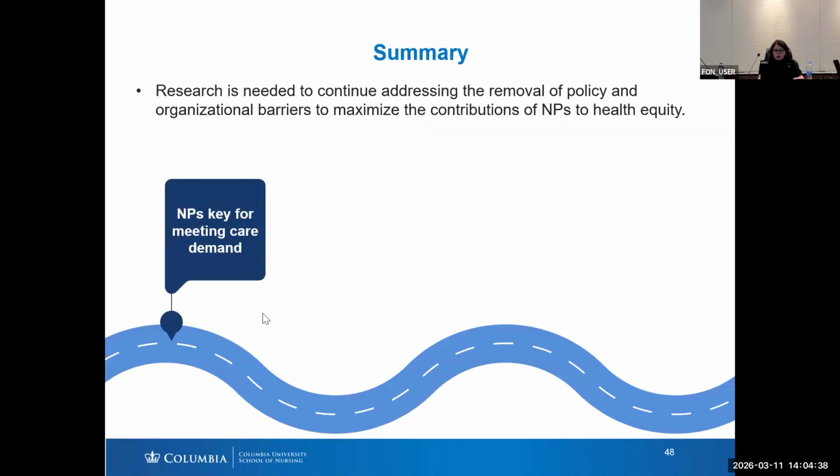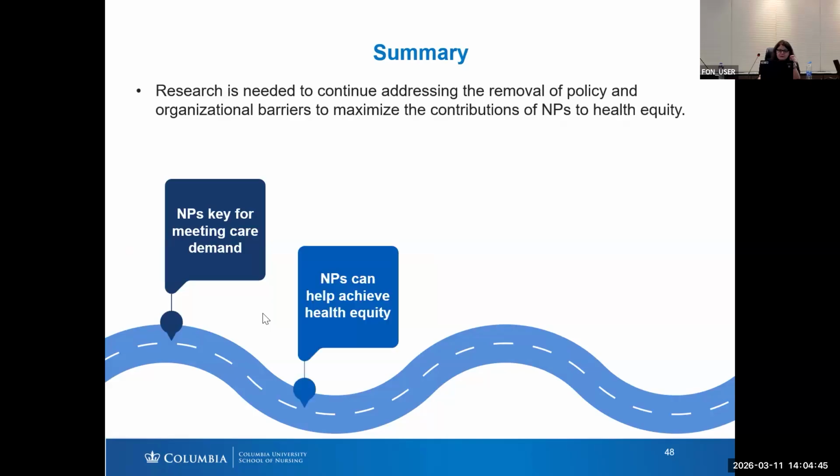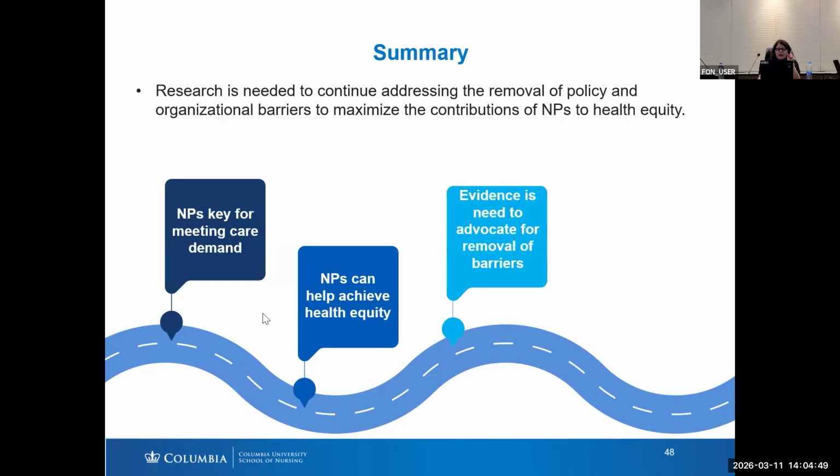So I hope I showed you how NPs are really important, and I know their numbers are growing in Thailand, and NPs can really help to eliminate health disparities, but we still need research to advocate for removal of the barriers that NPs face.